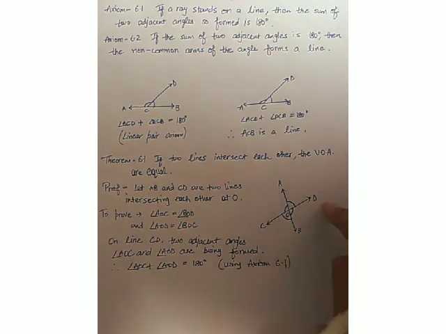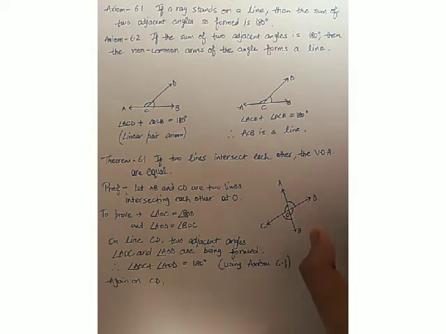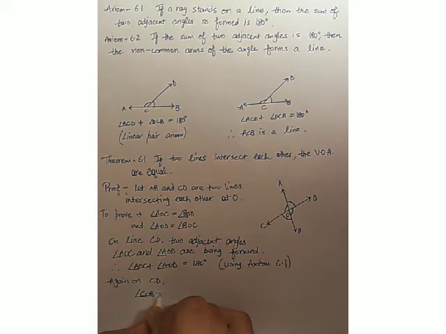Now on the same line, again on CD, two other adjacent angles are also formed, that are COB and BOD. So after writing the same line, you will get angle COB plus angle BOD is also equal to 180 degrees.